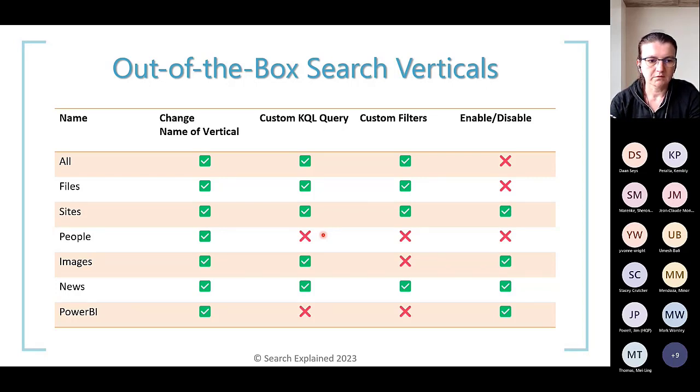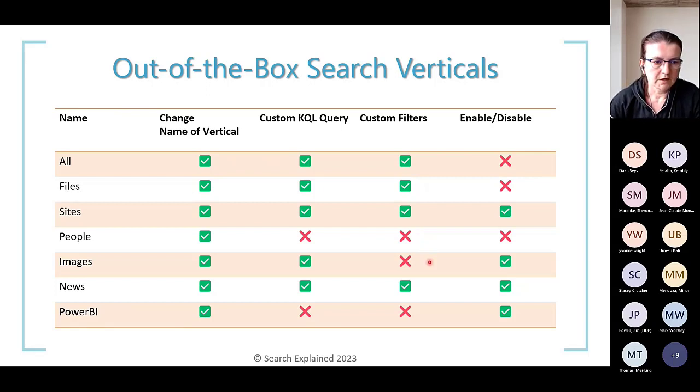But basically, it is not possible on the people vertical today, so you cannot do that. And also custom filters would be very useful if I could filter by department or geographical location or job role, but it is not possible today.